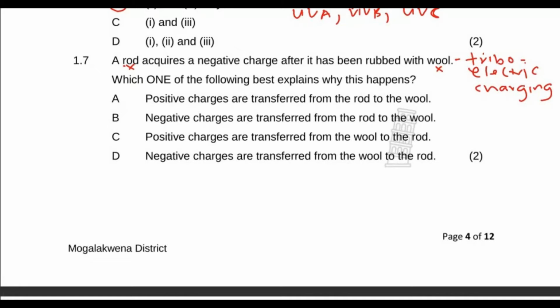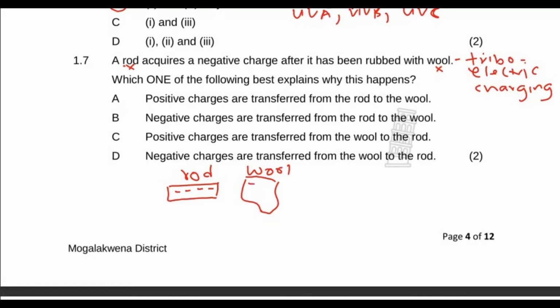Okay, so which one of the following best explains why this happens? So you have, let's say this is a rod, and this is wool. You have rubbed these two materials together, right? And all of a sudden the rod has an excess of negative charge.